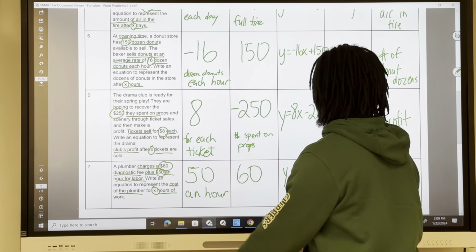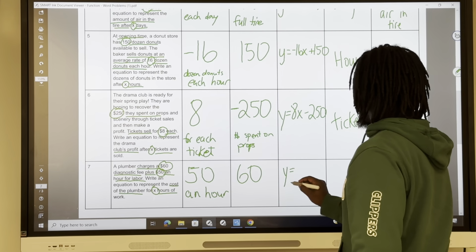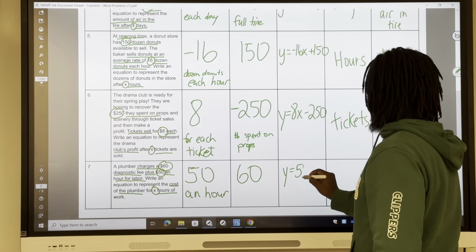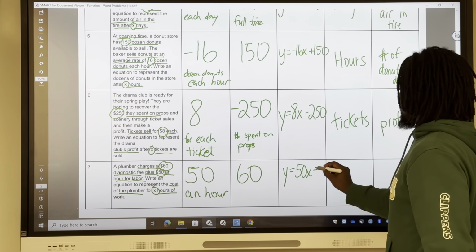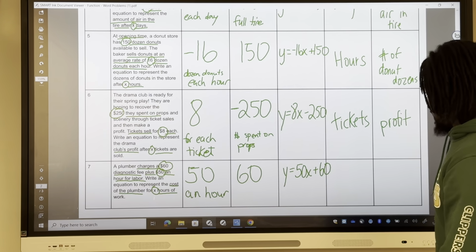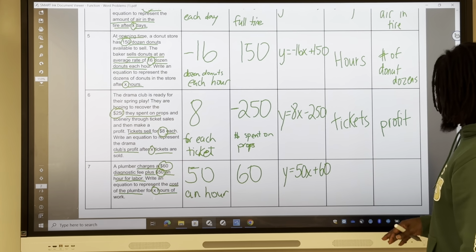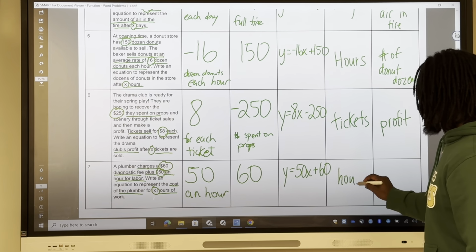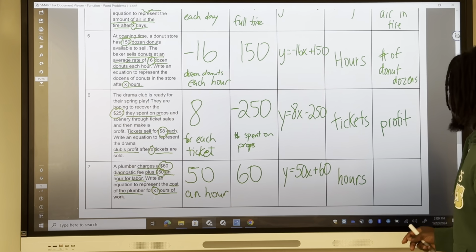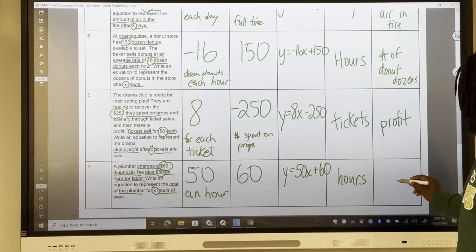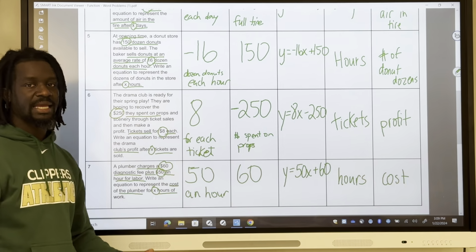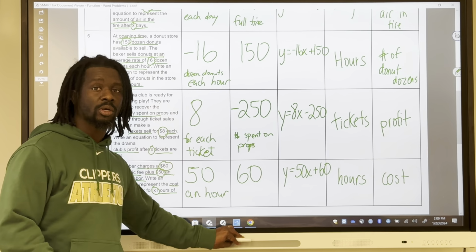So we take our slope, we put it with the m and with the x, so it's 50x plus the 60, okay? And then the independent variable is the number of hours, because that's with the slope, right? The hours. And then the dependent variable is the cost, right? The amount of the job depends on how many hours he puts in work.